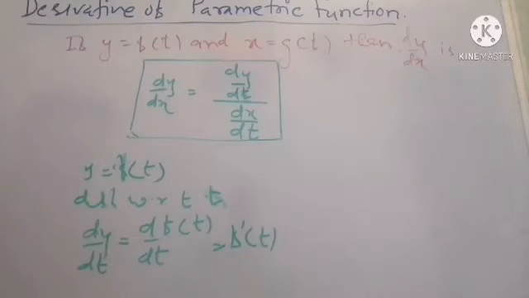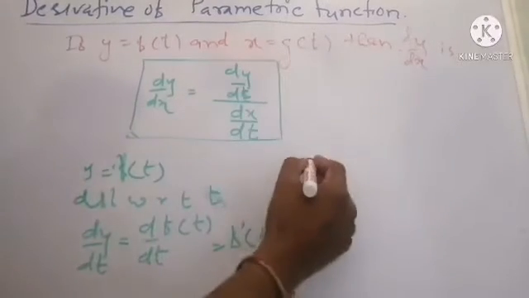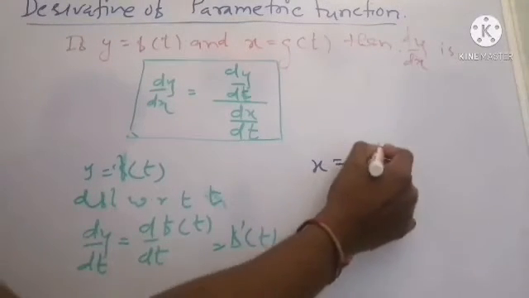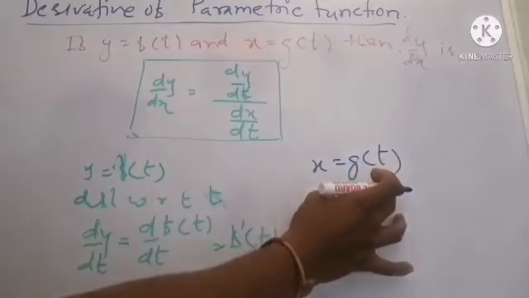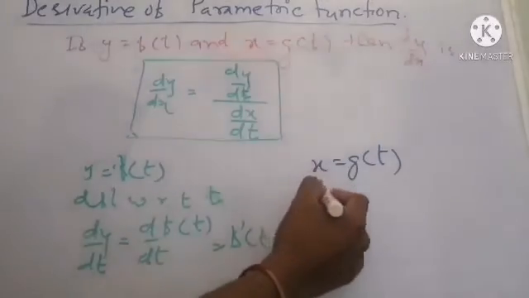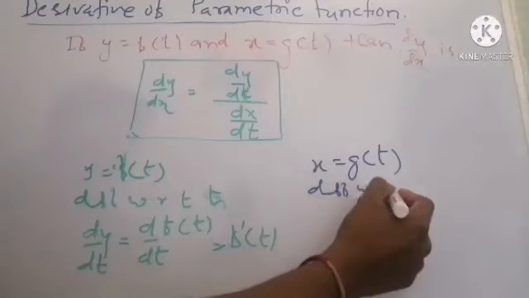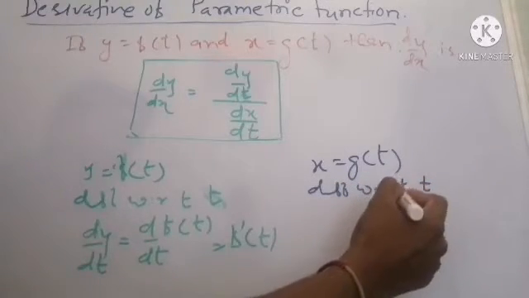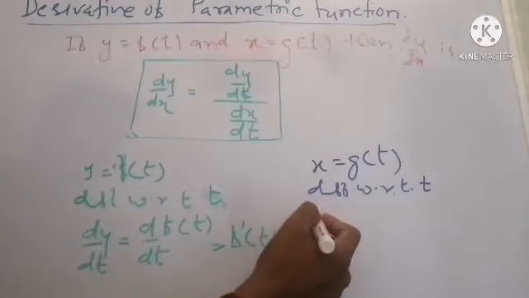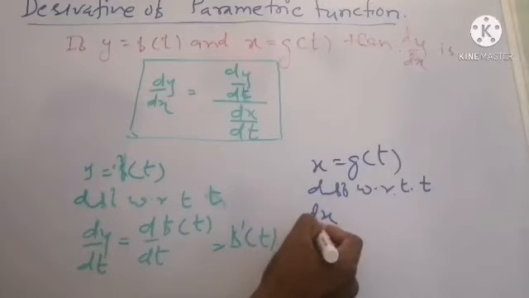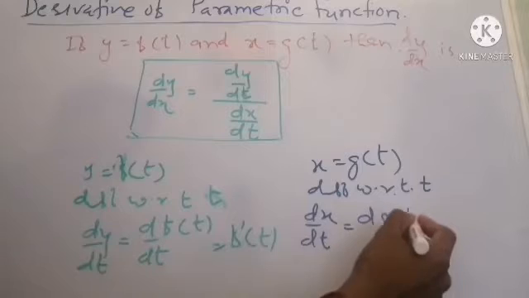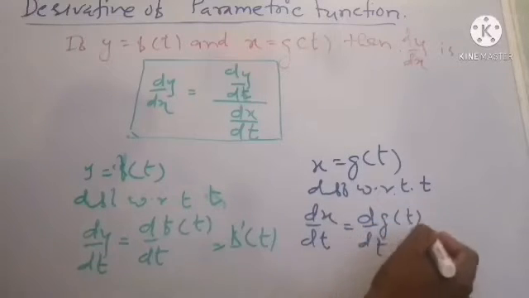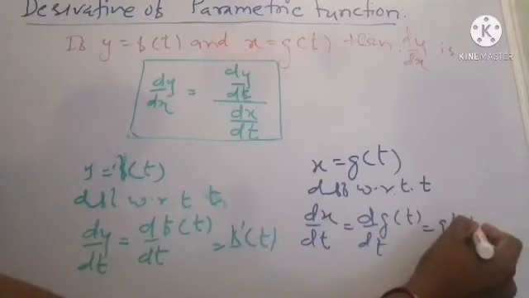Also x is a function of t, so x is equal to g of t. Again, for this, t is independent, so we can differentiate with respect to t. So operate d by dt, on the left hand side we get dx by dt, and on the right hand side the derivative of g of t with respect to t is equal to g dash t.